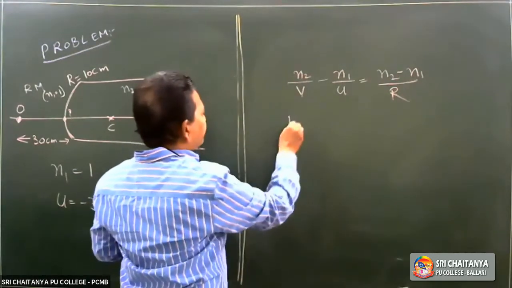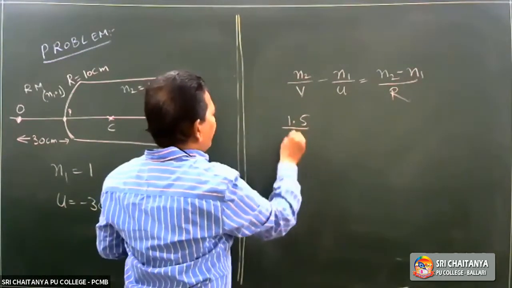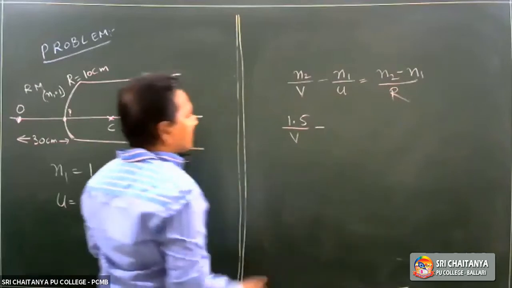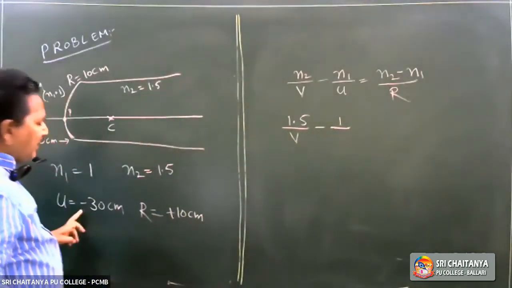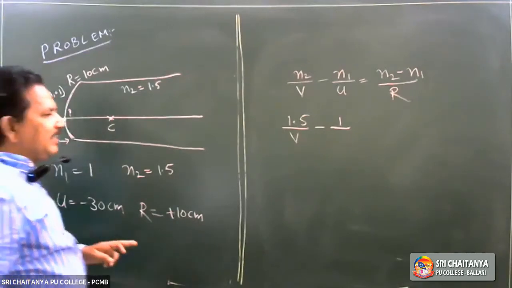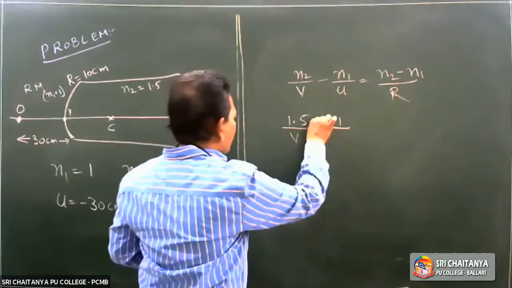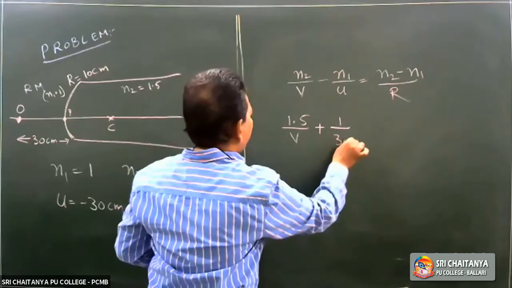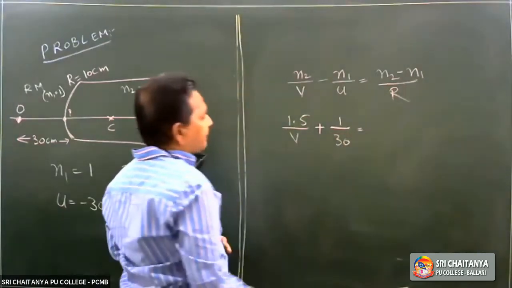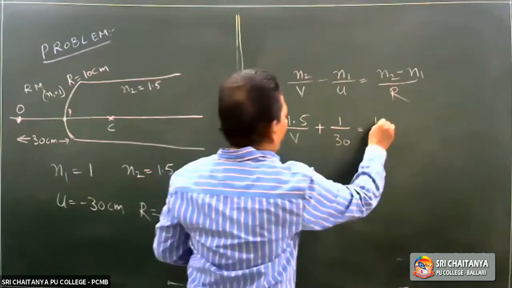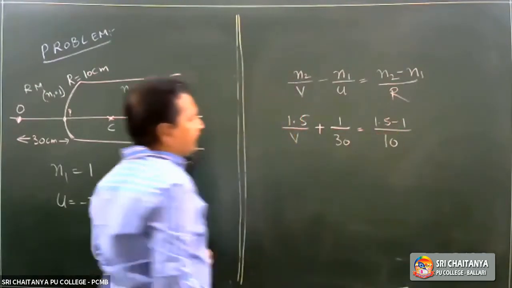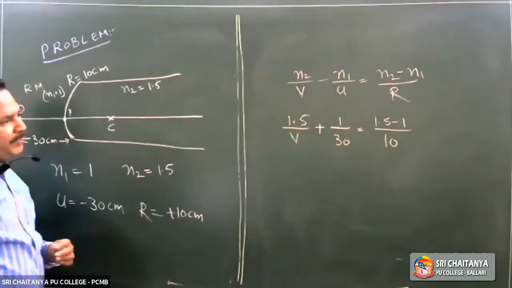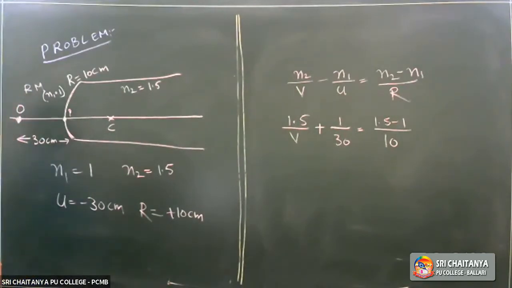N2 value 1.5, by V minus N1 value 1, U value minus 30, minus into minus becomes plus 30, is equal to 1.5 minus 1 divided by 10.